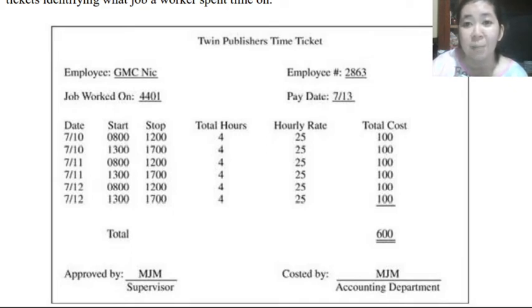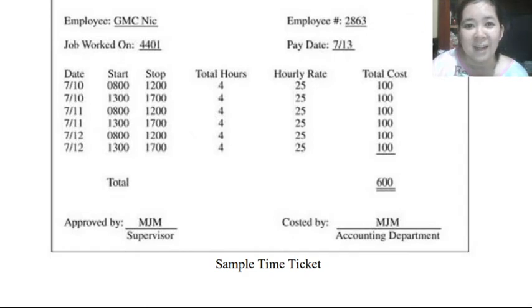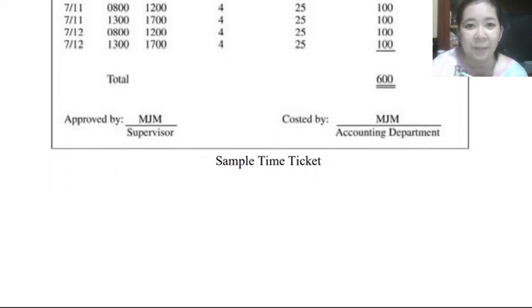So again, this is part of their internal control. So this is our time ticket, which is a source document that is used in recording our direct labor for a specific job order.